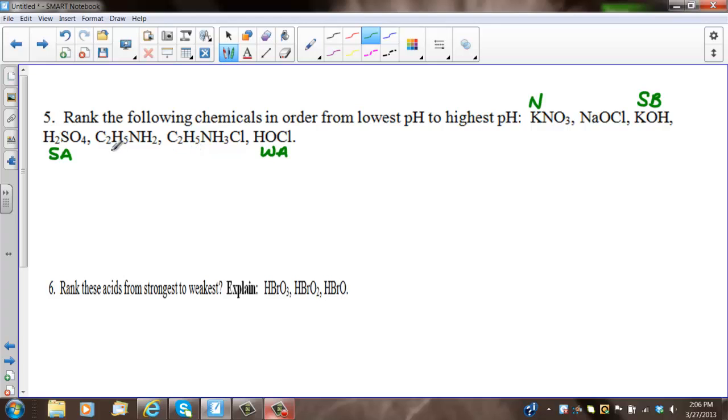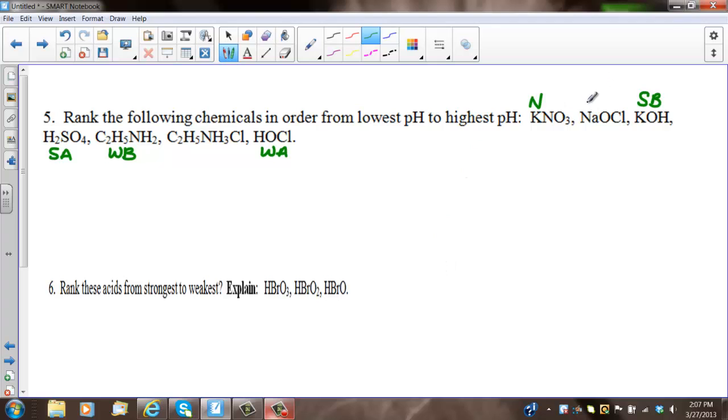And we know that C2H5NH2 is a weak base, so we can do that without doing anything. Now, what we know here is that in NaOCl, the OCl minus comes from a weak acid, and the Na comes from NaOH, which is a strong base.